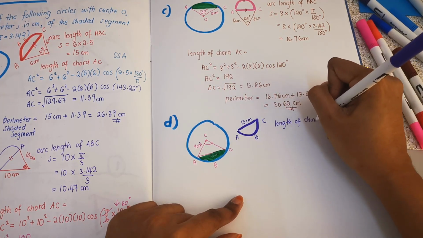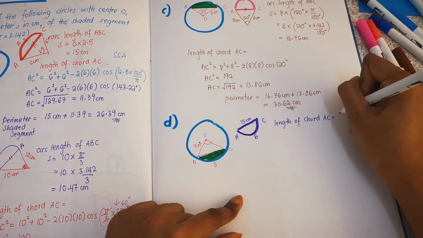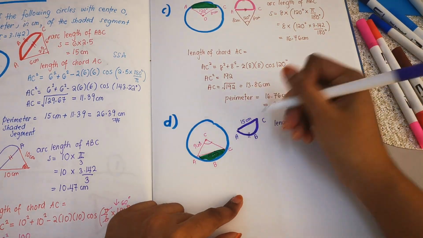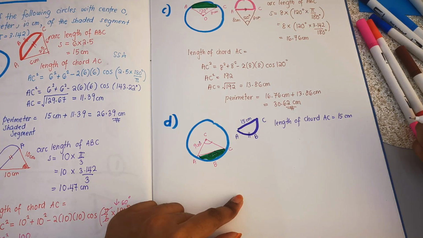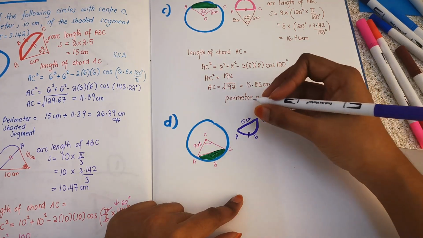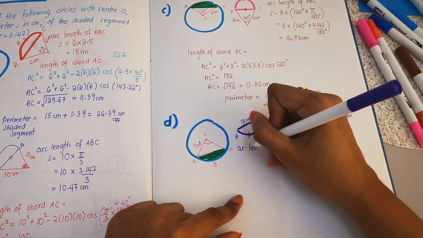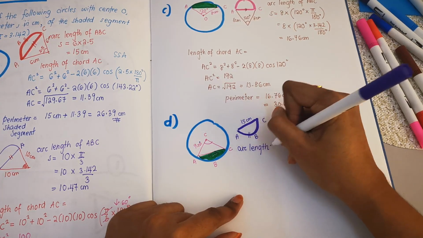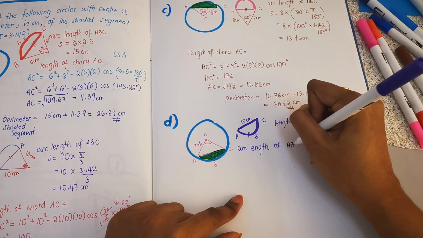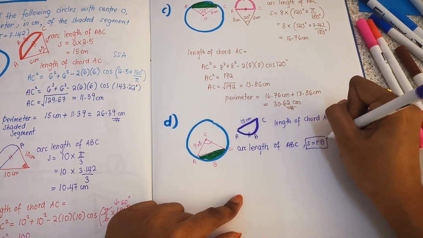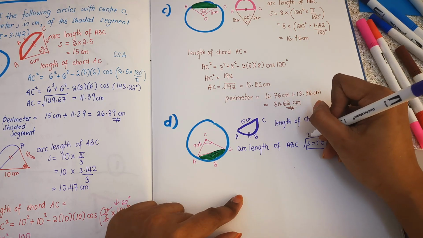Length of chord AC is given, which is good. So we only need to find the length of arc. How to find the length of arc? For the arc length of ABC, we need to use S equals R theta. We want to find S.